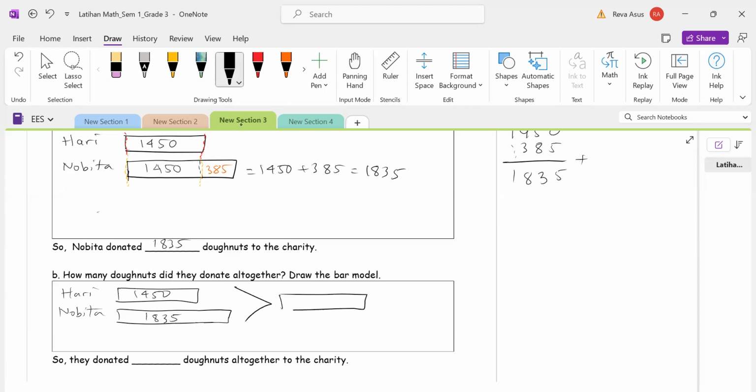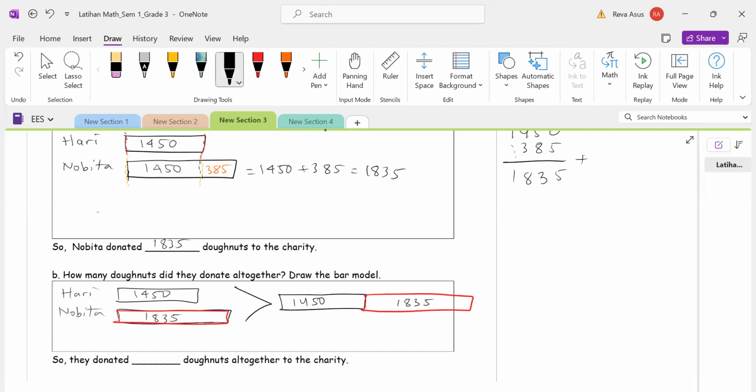This bar belongs to Hari, 1,450, and then the next bar belongs to Nobita. Let's make a different color for Nobita's bar. Let's draw it as red. The Nobita bar is in here. Nobita's bar is 1,835.